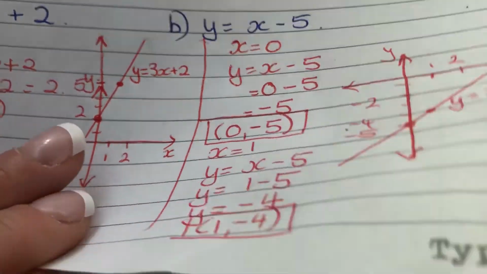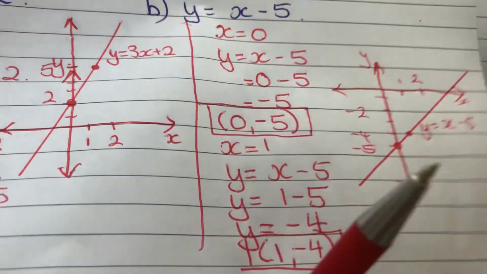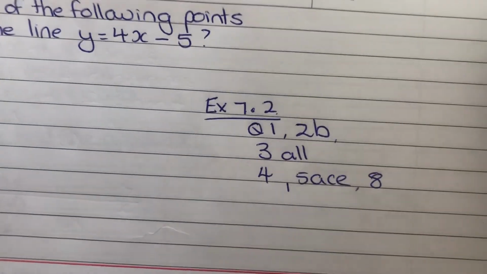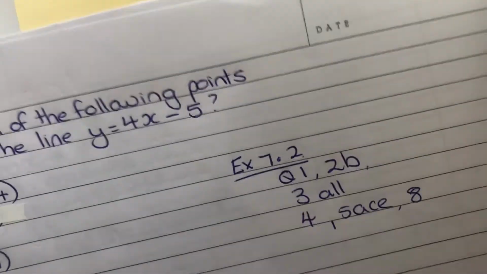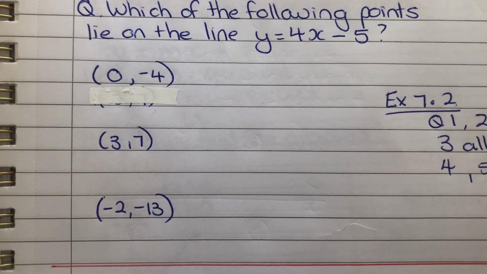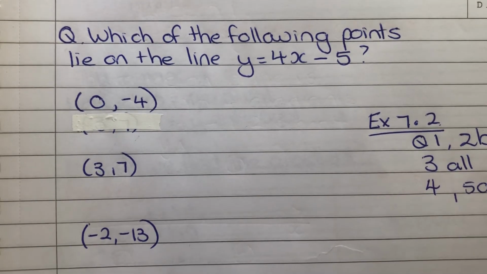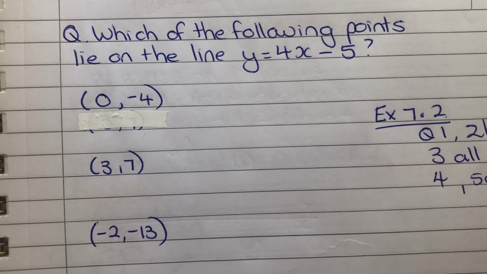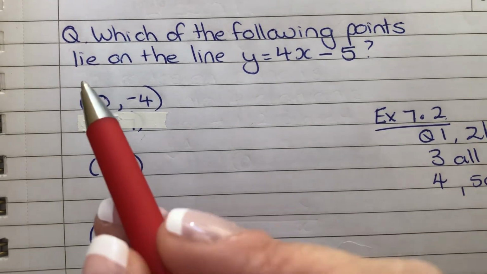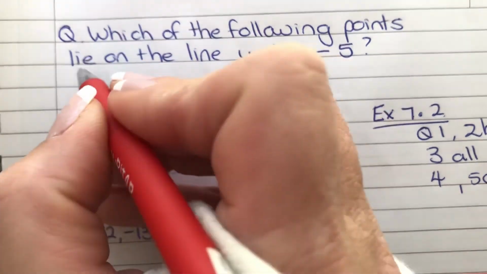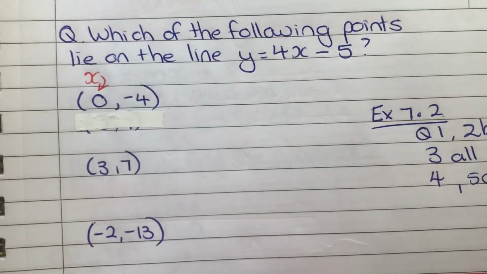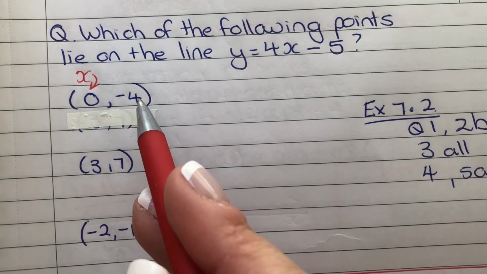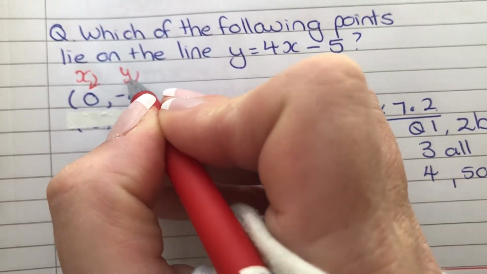Okay, one more type of question that you're going to get is something like this. Which of the following points lie on the line y equals 4x minus 5? Now, when you get something like this, you want to know if that works. So you want to know when x equals 0, does y equal negative 4?